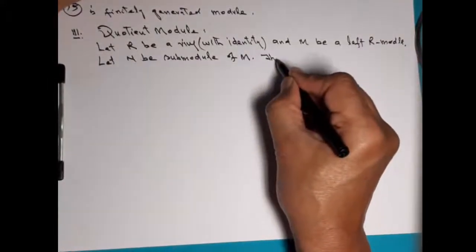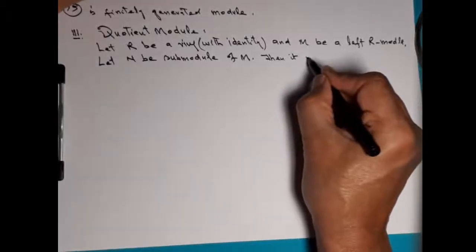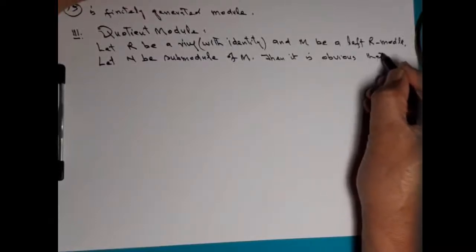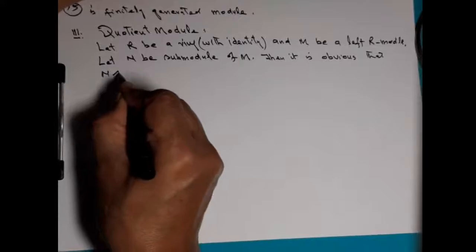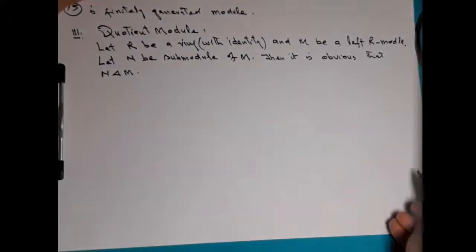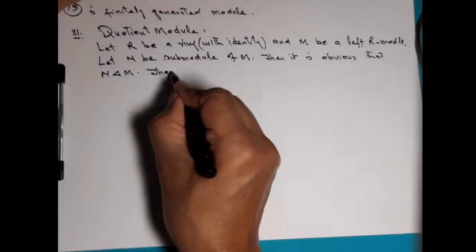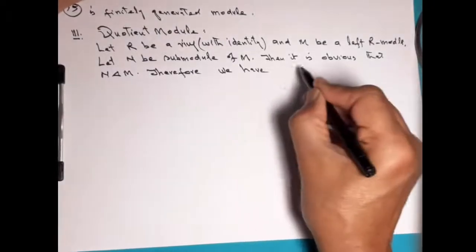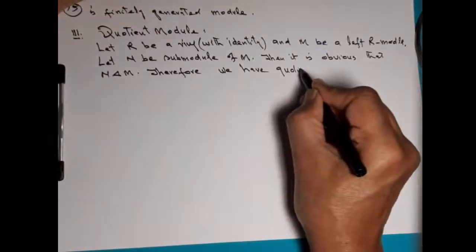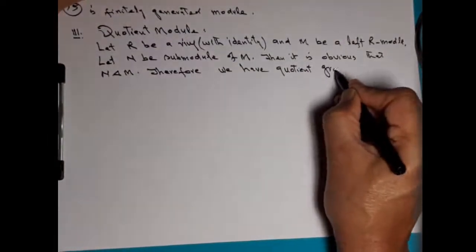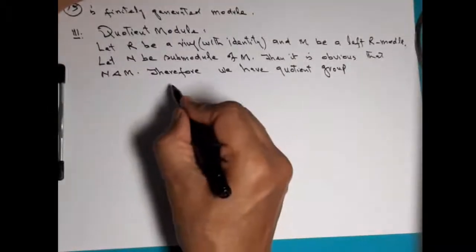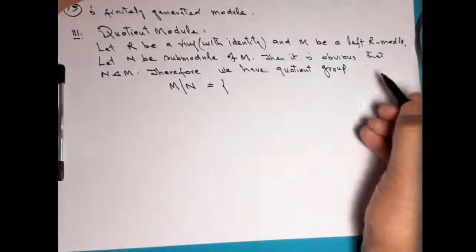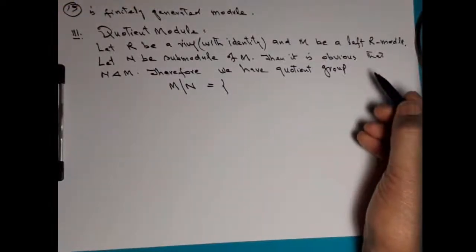Then it is obvious that N is a normal subgroup of M, and therefore we have a quotient group which is M factor N, and this consists of cosets, left cosets or right cosets, whatever you like, we will write left cosets.